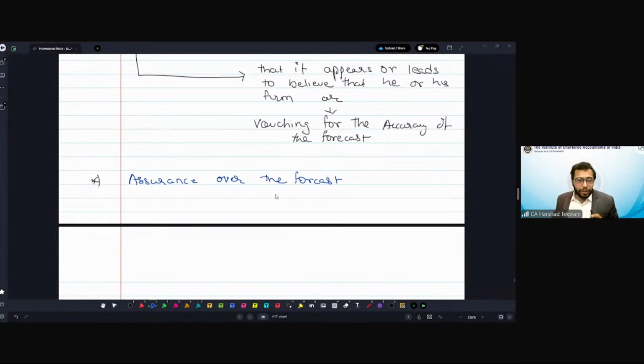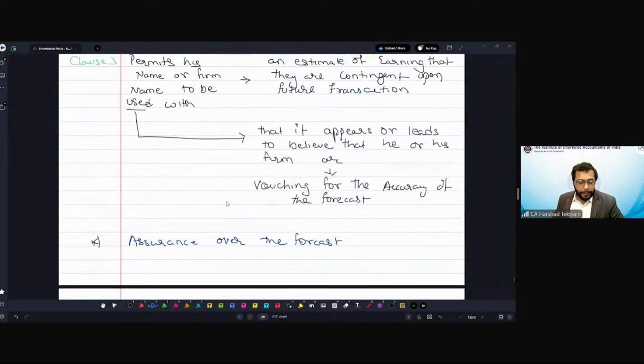In the coming lectures, we will also discuss one more topic: how to prepare reports on examination of prospective financial information, which will be covered by SAE 3400. It is not like that we do not take any assignment on examination of prospective financial information.